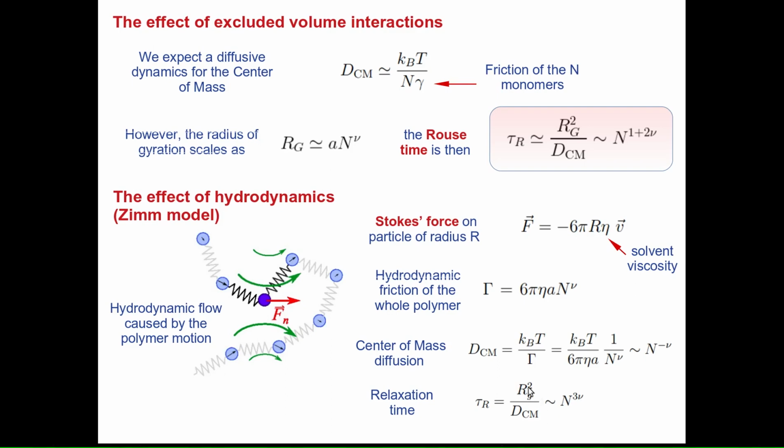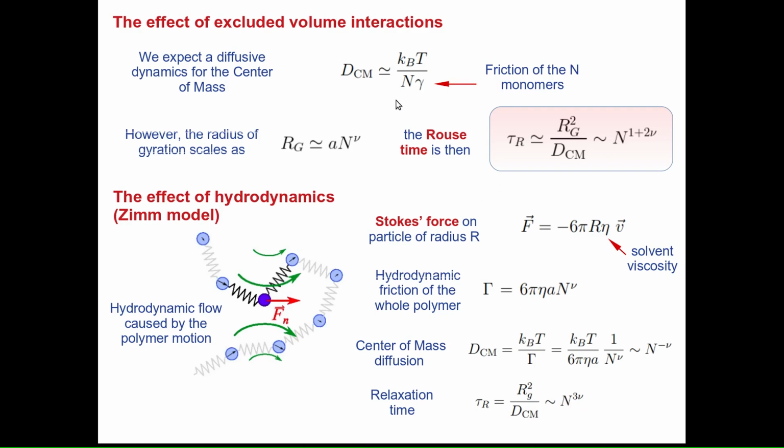So it scales as n to the power 2 nu, and from the diffusion there is a factor n to the power nu. So this relaxation time is now n to the power 3 nu. You see we have a different relaxation time behavior when we have hydrodynamics.